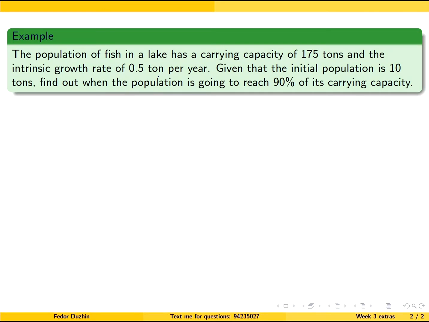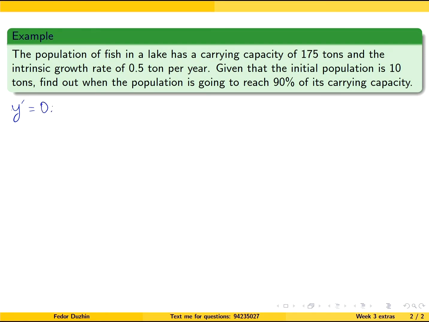Alright, so here we have the logistic equation. It models population of fish in a certain lake. So let me write down the logistic equation. We know that y prime equals growth rate 0.5 per year.